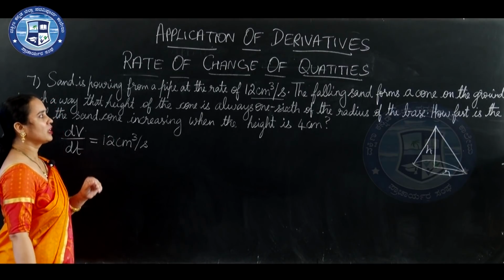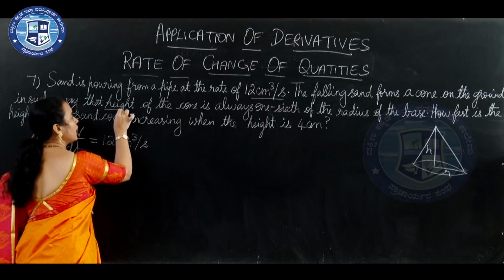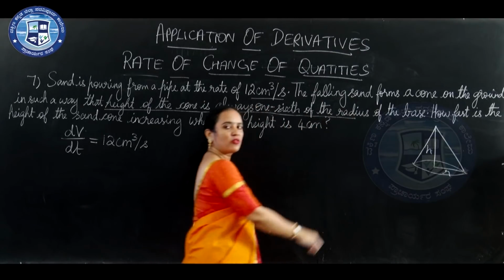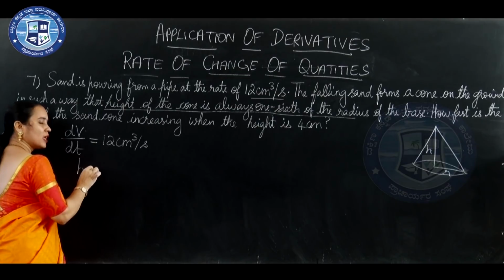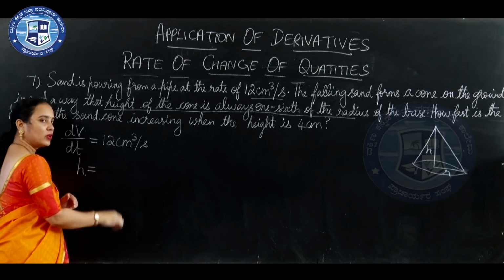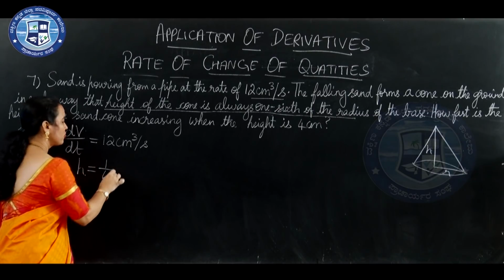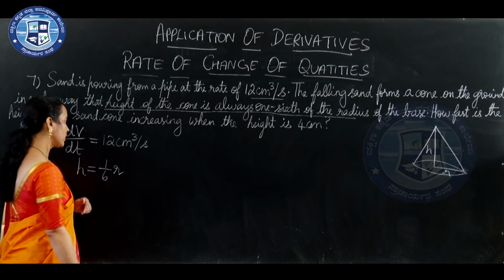The falling sand forms a cone on the ground in such a way that height of the cone is always 1/6 of the radius. So, let us write that height of the cone h is equal to 1 by 6 of the radius. So, h is equal to 1 by 6 r.